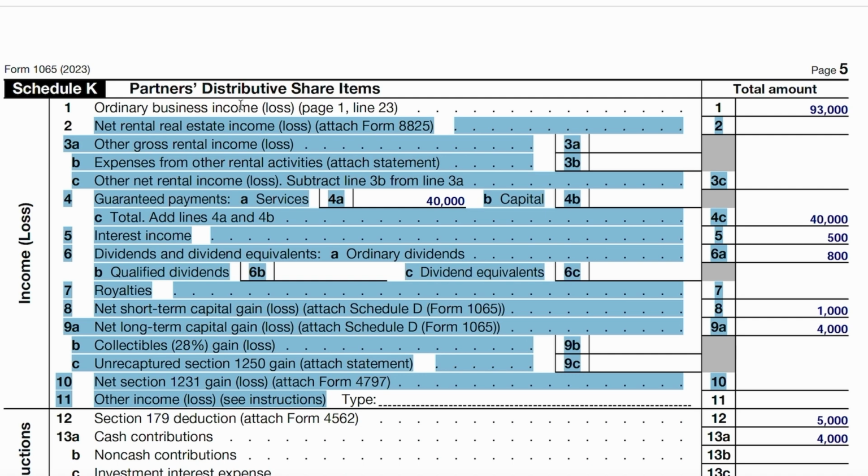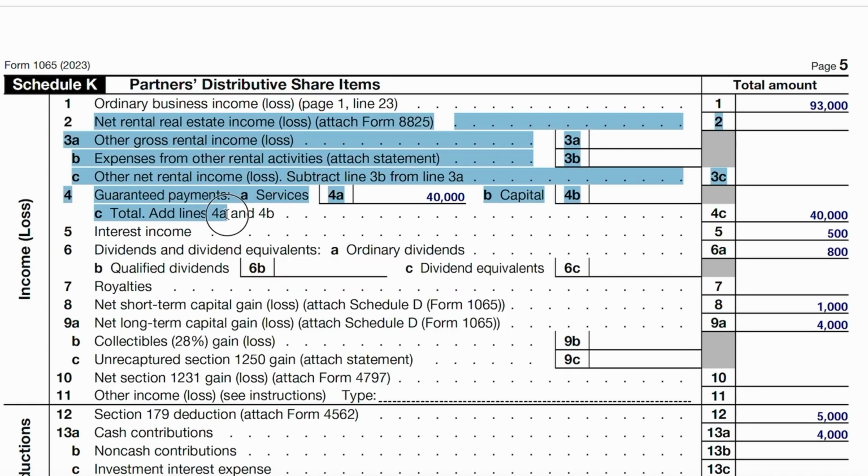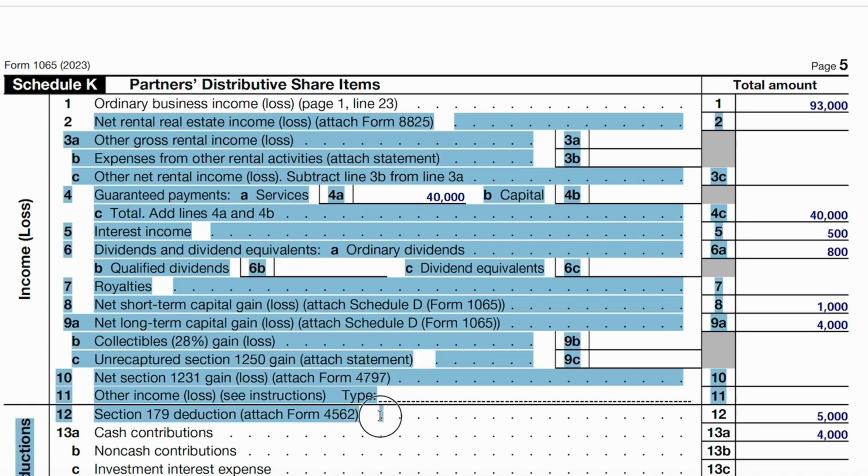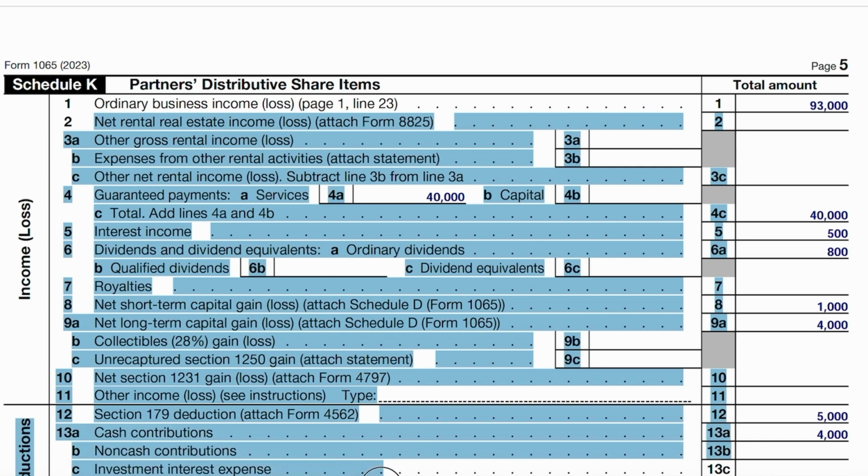Ordinary business income is business income minus business deduction, and then you arrive at ordinary business income. It is treated similarly for all the partners, but all these other line items that you see impact the partners differently. You can have this legitimate question: how can these line items impact different partners differently?